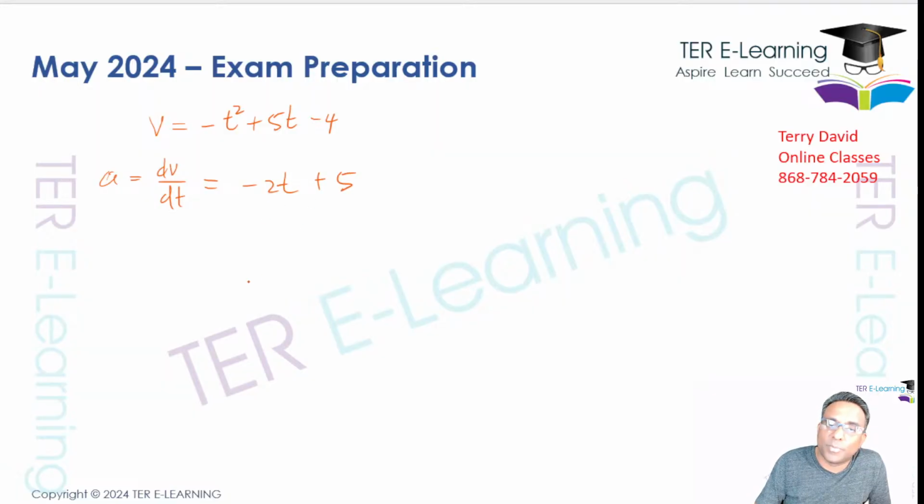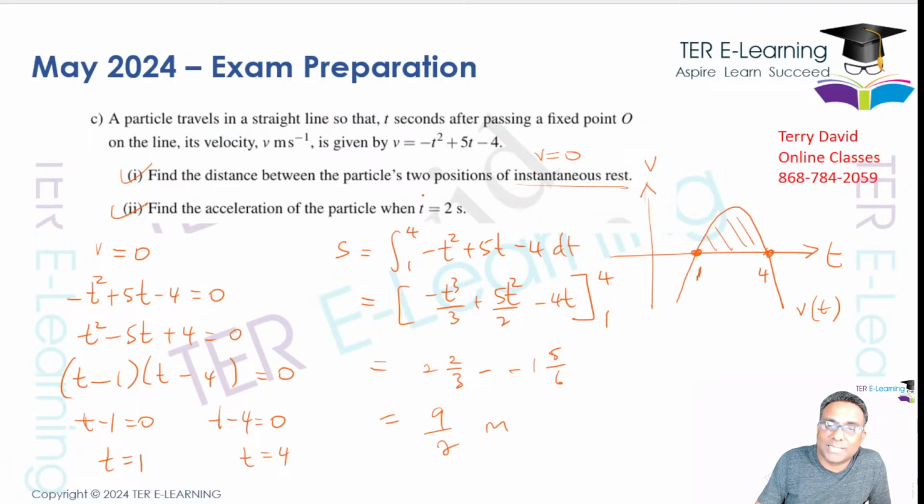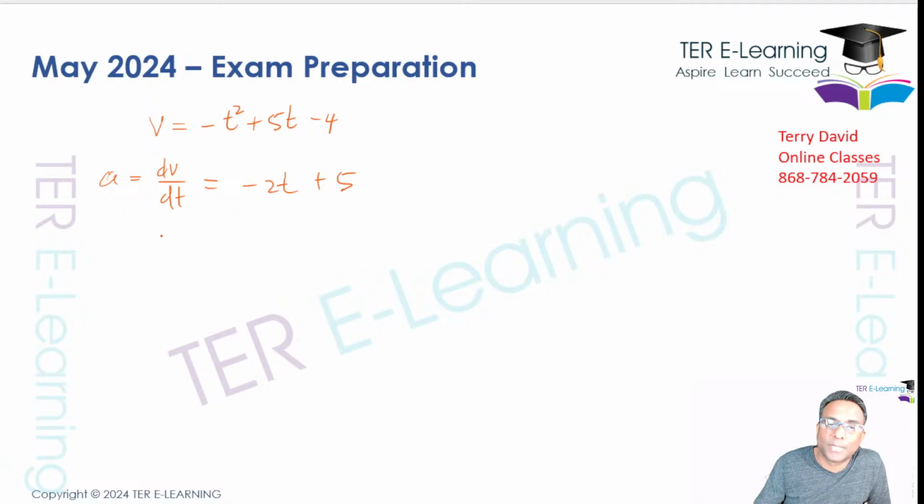That's your formula for acceleration. If you want to work out the acceleration when t is equal to 2, all we need to do is substitute 2 into that formula. So when t is equal to 2, a is equal to minus 2 times 2 plus 5. That's minus 4 plus 5, which gives me 1 meter per second squared.